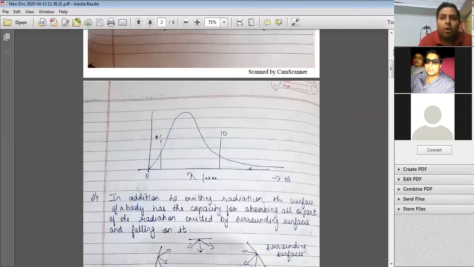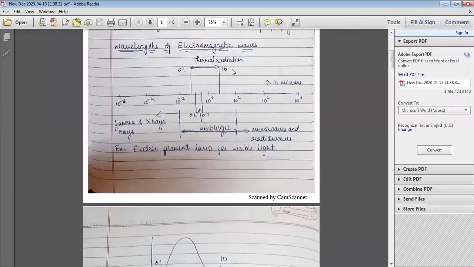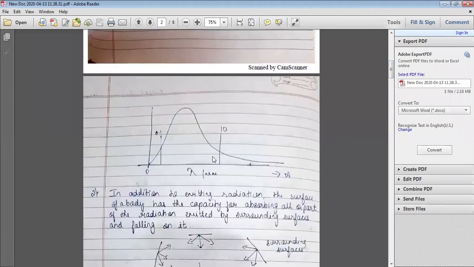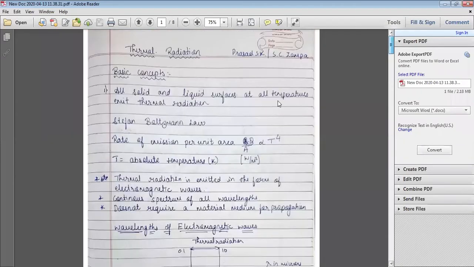So what we do is we consider thermal radiation in between 0.1 to 10. That doesn't mean it is not there below 0.1 and it is not there above 10. We will be having radiation there as well.